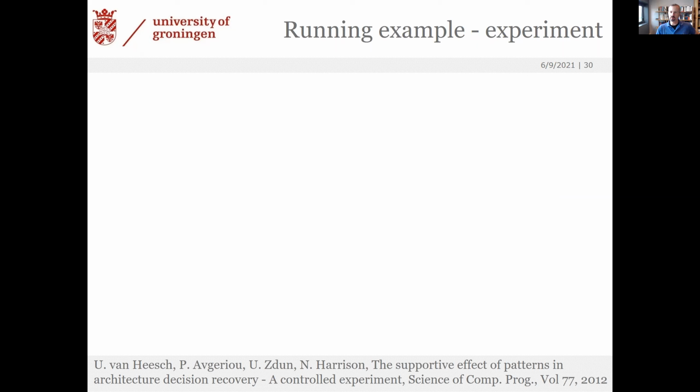Now, the running example for this kind of study is an experiment we did a few years back, where we wanted to see how patterns affect the documentation of architecture decisions. As you all know, documenting architecture decisions is significant, and it helps us understand how the current system and the current architecture has come into place so that we can make changes to it.